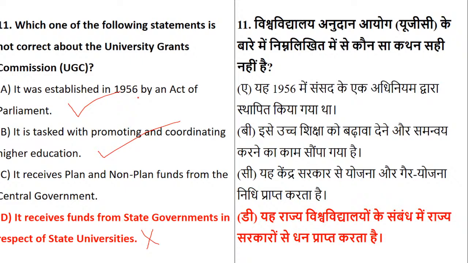Now when we talk about UGC function, or role, you can say, as I said, coordinating, determining and maintaining the standards of higher education with respect to distribution of funds. This is what UGC does, and we had listed those points, and among these one point was not correct, and that was receiving the funds from the state government.